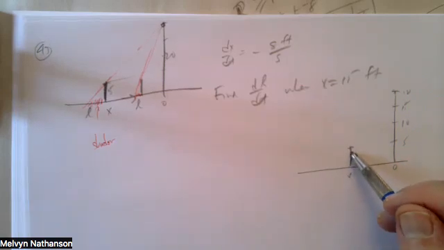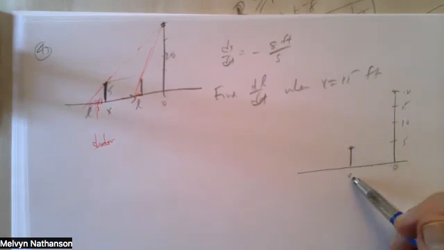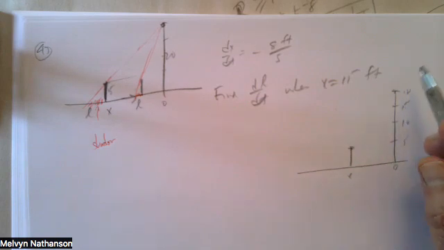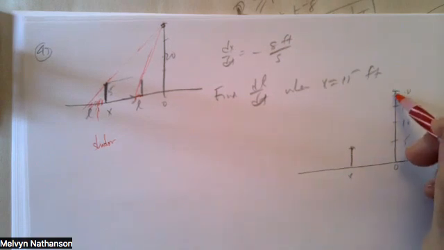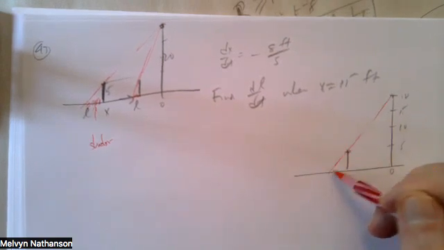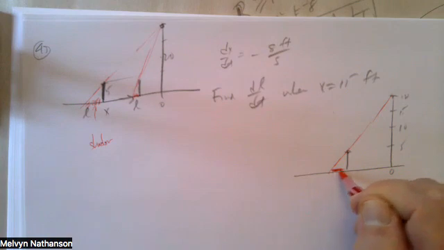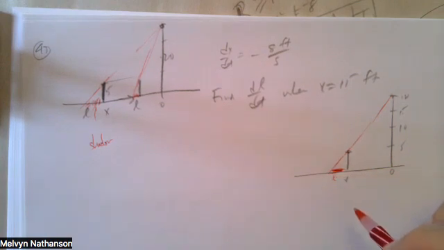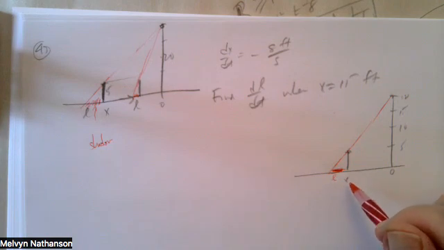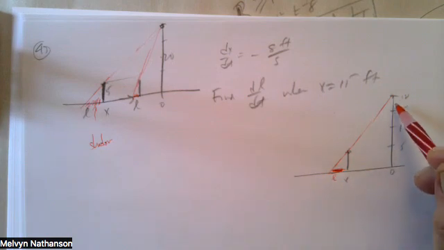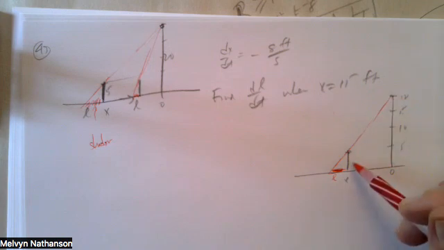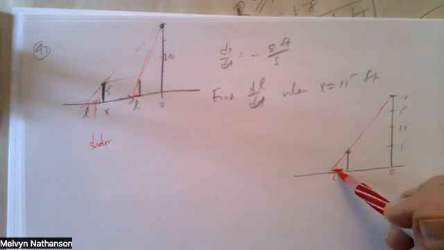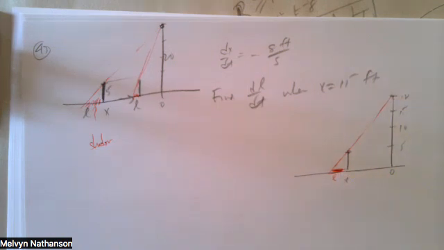Here's the woman who's 5 feet tall, and she's x distance from the street light. And the light from the street light comes down like this in a straight line. And this is the shadow, call this L. So what is the relationship between the shadow and the position of the woman?